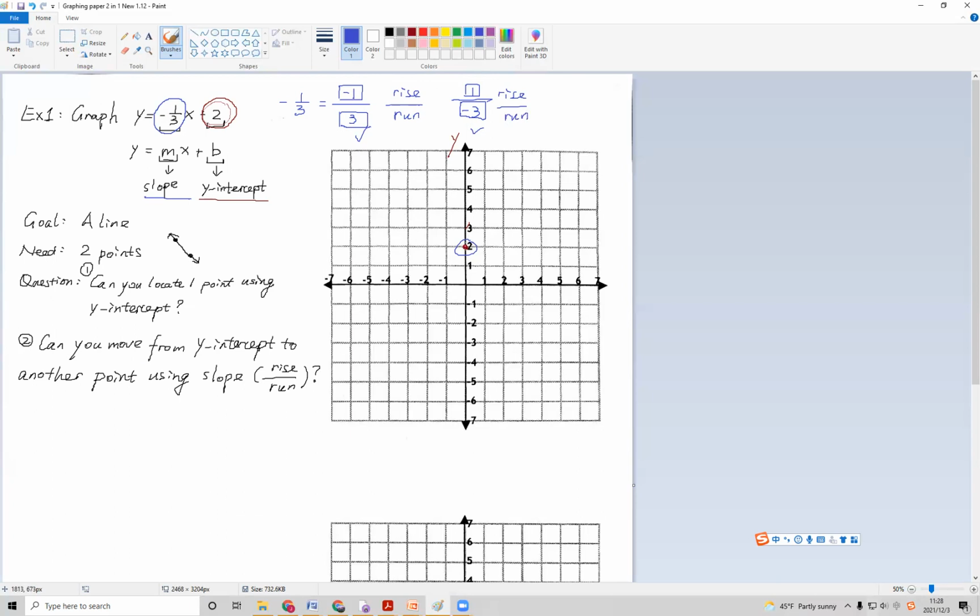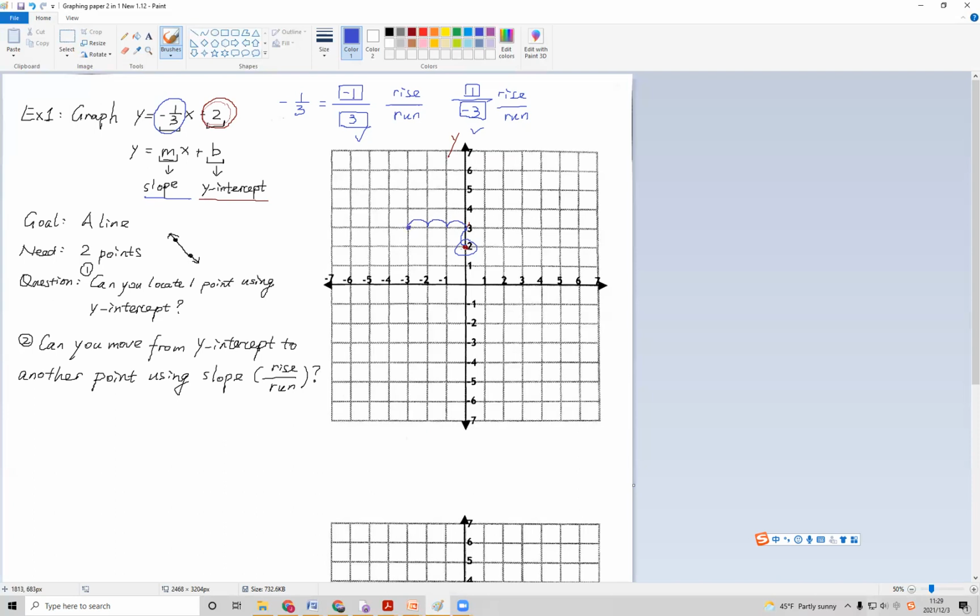Rise is 1. +1 means you go up. -1 means you go down. Rise can be up, rise can be down, depending on the sign. So +1, I'm going up 1 unit right here. Then run is a horizontal move. Run is -3. If run is positive, I'm moving to the right. But now run is -3, so I'm moving to the left. 1, 2, 3. I move 3 units to the left to represent -3 for my run.